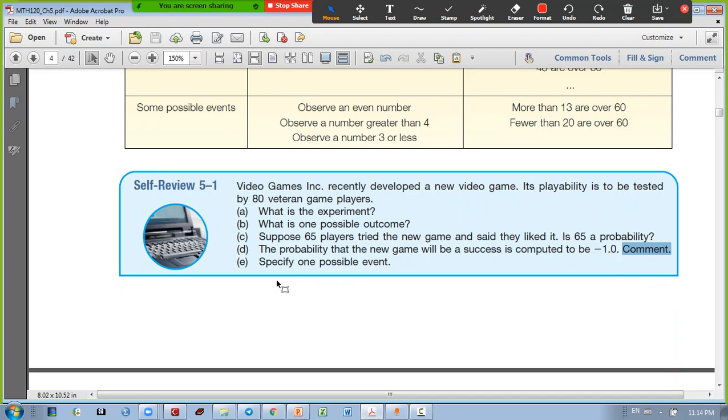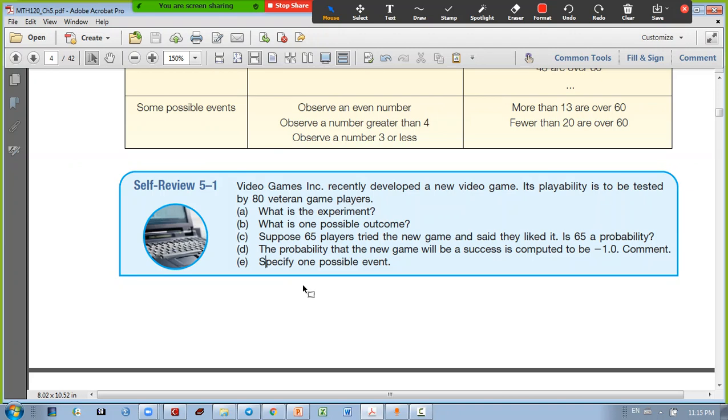E, specify one possible event. Maybe you can raise one possible event as a specification. So this is your practice. If you can answer this correctly, it means you understand what we have done so far.